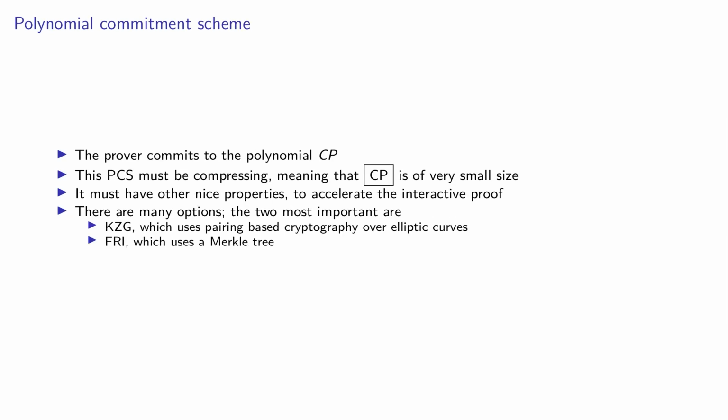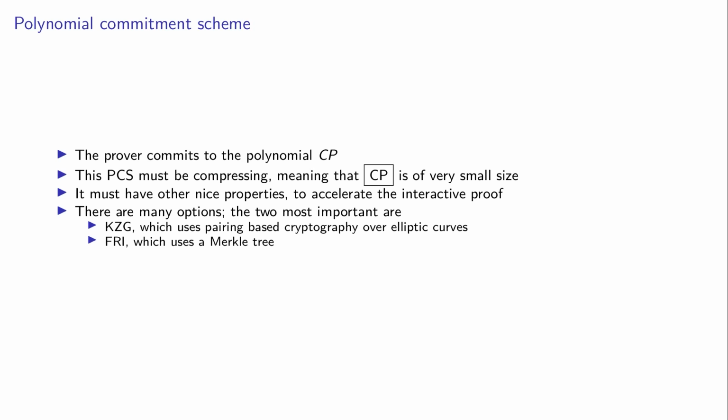So proving of low degree needs a polynomial commitment scheme. I have explained what the commitment scheme was earlier. And so in this situation the prover will commit to the composition polynomial CP.